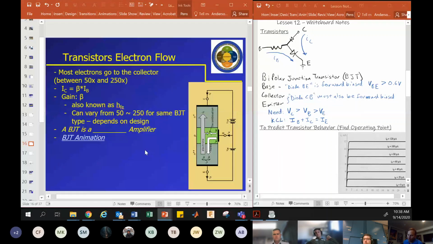Okay, so down here, we talk about the collector current, which is really what we want. We're using the base current to control the collector current, but it's the collector current that we care about. The increase in current is known as the gain, and that's depicted as beta, or also on data sheets, we'll see it as H sub FE.